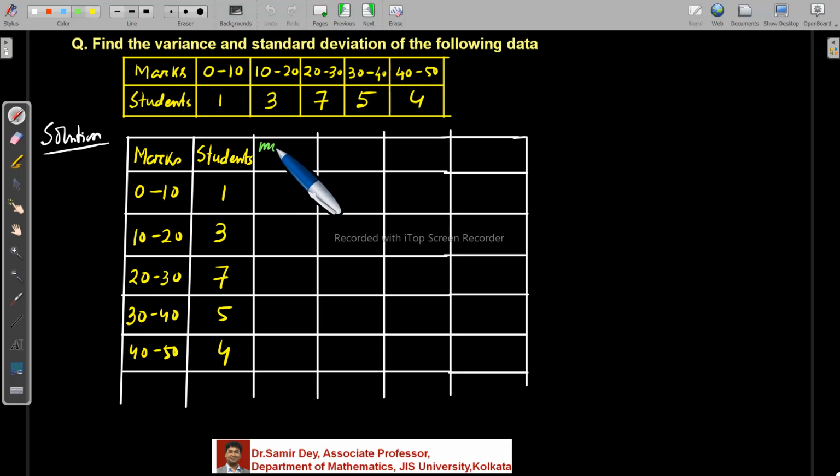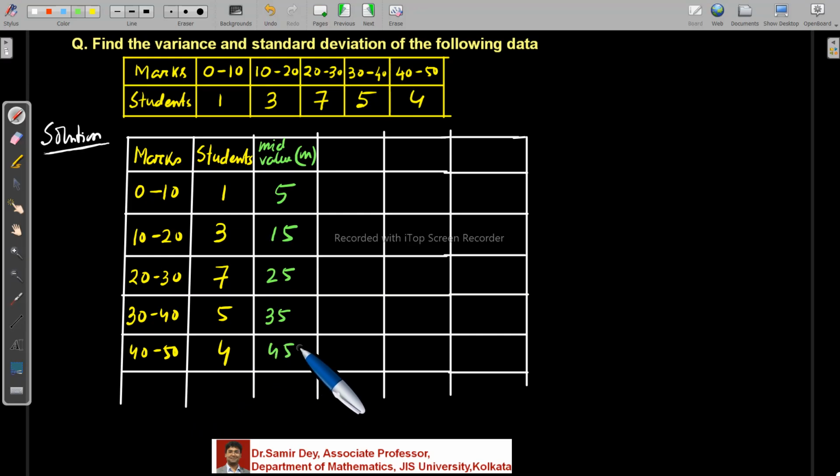the mid value, that is m. So the mid value of 0 plus 10, divided by 2, is 5. 10 plus 20 divided by 2 is 15. 20 plus 30 divided by 2 is 25. 30 plus 40 divided by 2 is 35. 40 plus 50 divided by 2 is 45.